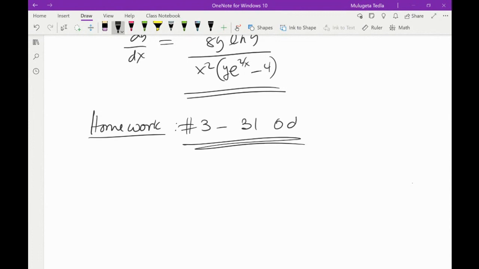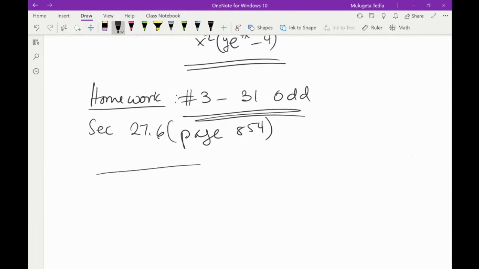So please do them. This is section 27.6, page 854. That's it.